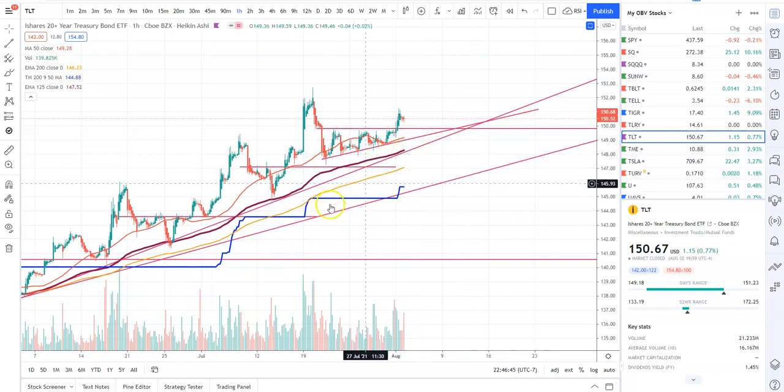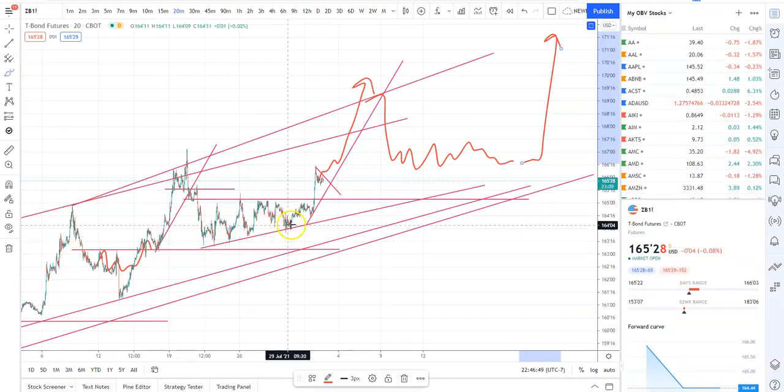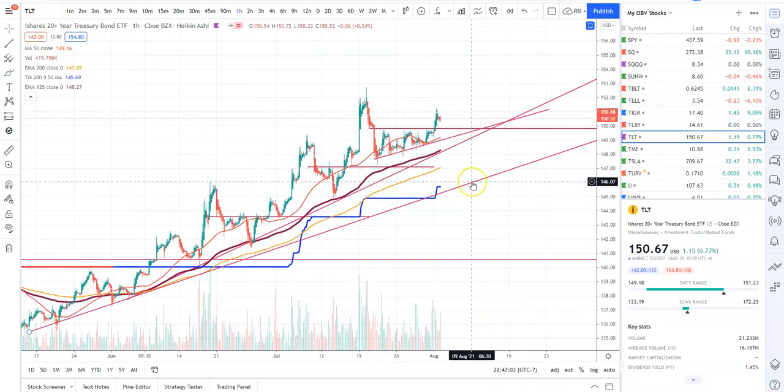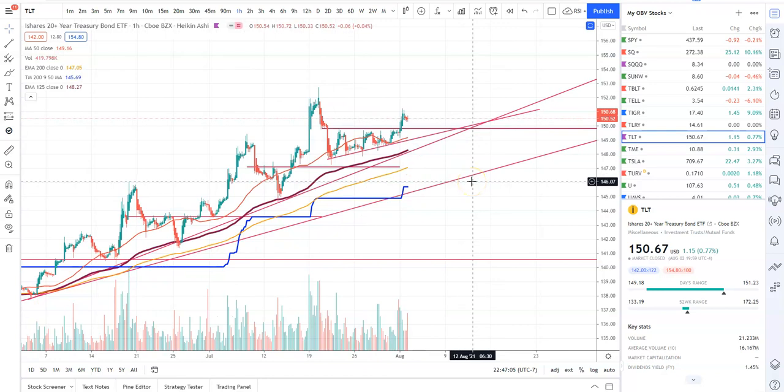I think we've got a lot of strong established trend lines underneath here, as well as the continuous contract, and I'm seeing a potential breakout and spike to the top of the range of our channel over the next couple of days. No signs of weakness as of yet, so I'm looking for higher prices in TLT in the short and mid-term.